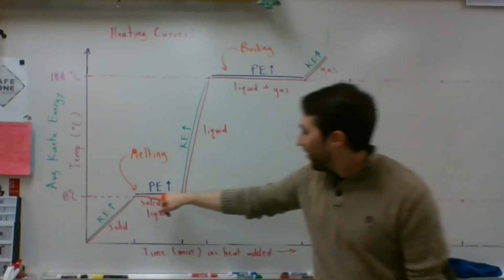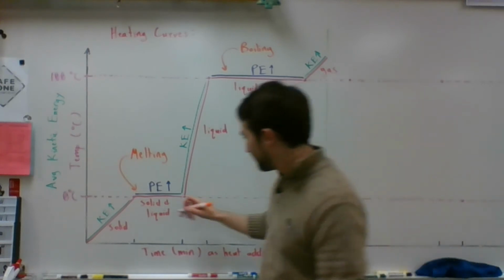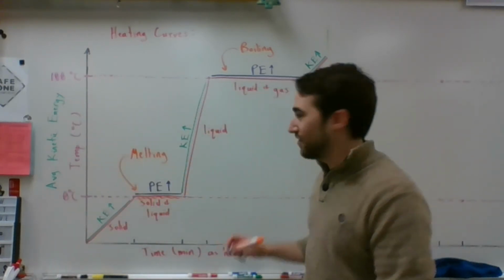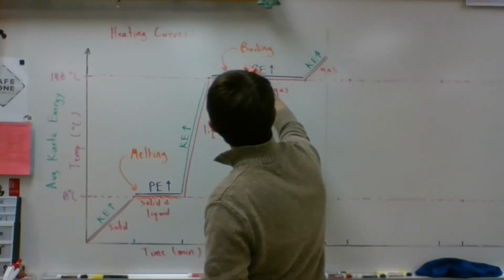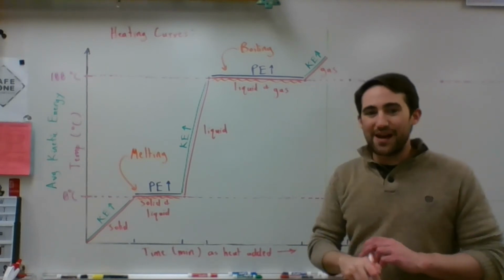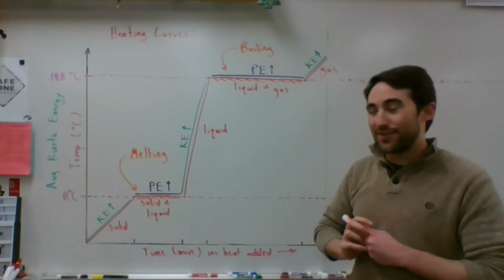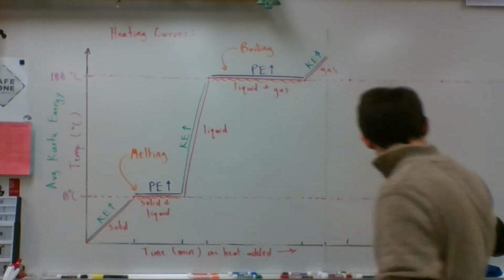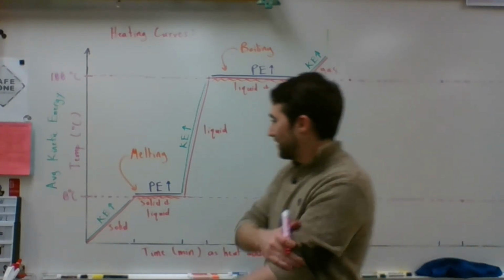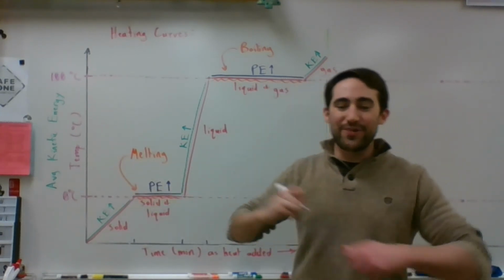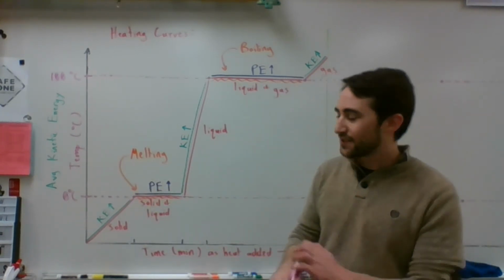So on these two segments, this is a phase change, and this is a phase change. Now, the temperatures at which these occur also have a specific name. Since melting is happening at this specific temperature, we call that temperature the melting point.